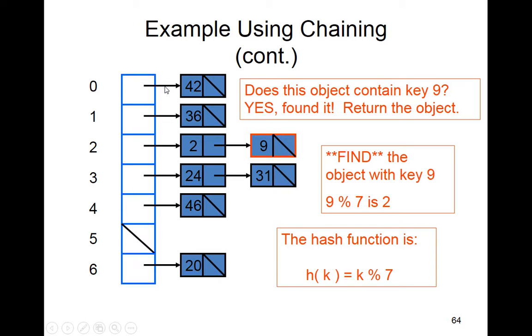Remember, the array itself is not holding any nodes. The array instead is holding first pointers, as we might call these black arrows right here. These are the first pointers leading to linked lists, one for each row.